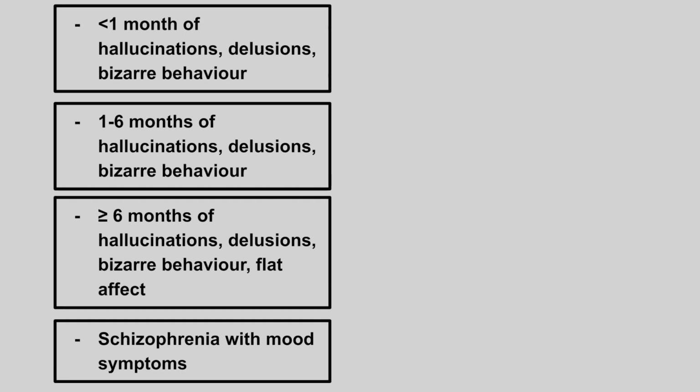Now we have a patient with less than 1 month of hallucinations, delusions, and bizarre behavior. This is brief psychotic disorder. We like to compare that to the next two.